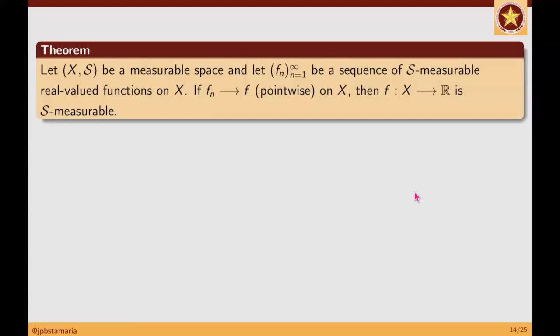Do you understand? In fact, you don't need uniform convergence. As long as the convergence is pointwise, that's okay. The measurability is maintained. Did you understand me? Okay, why, sir?